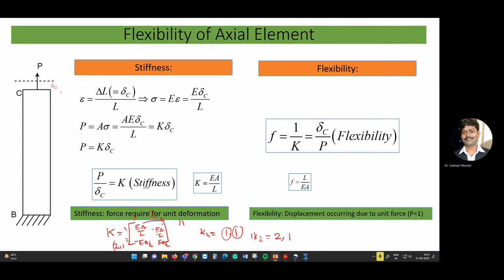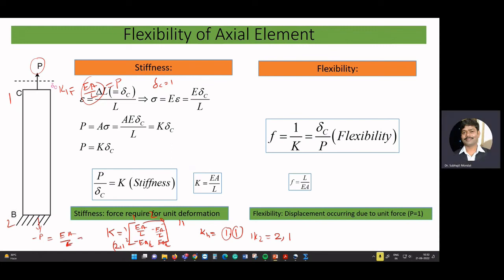So if you see K11, that value will be EA by L. And if we see the equilibrium conditions, if we apply this force P here, when delta C is equal to 1, and if we apply load P here, obviously we'll get the opposite force P at the other end. So we write this P as a positive value, and here we will get minus P, and that value will be minus EA by L. That is K21, the force developing at 2 due to the unit displacement at 1.